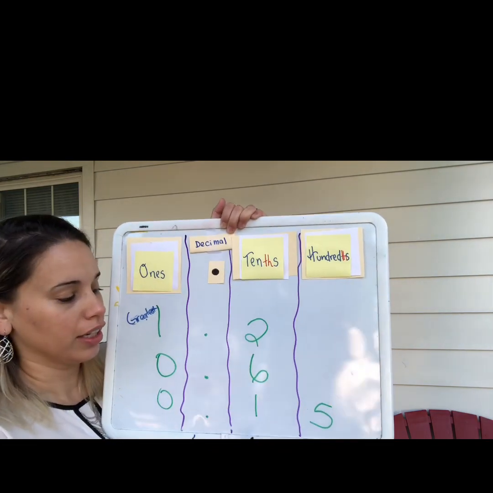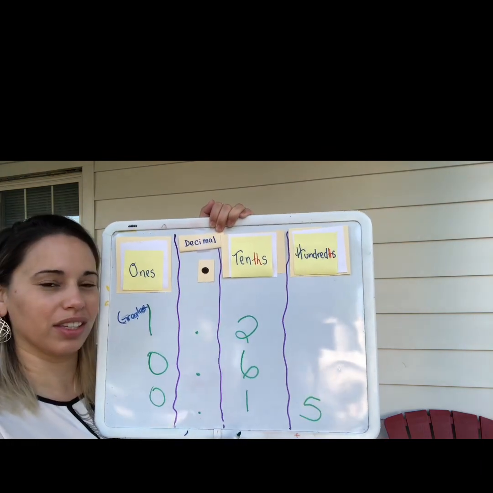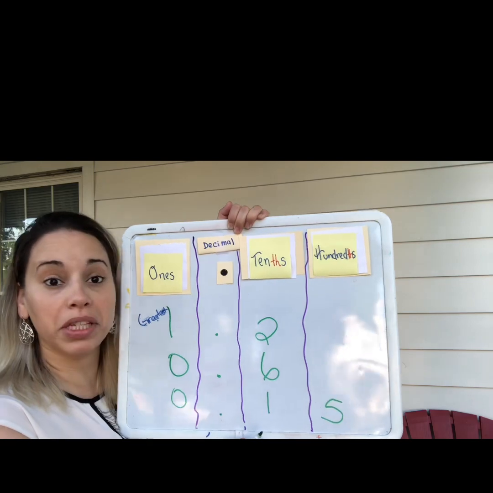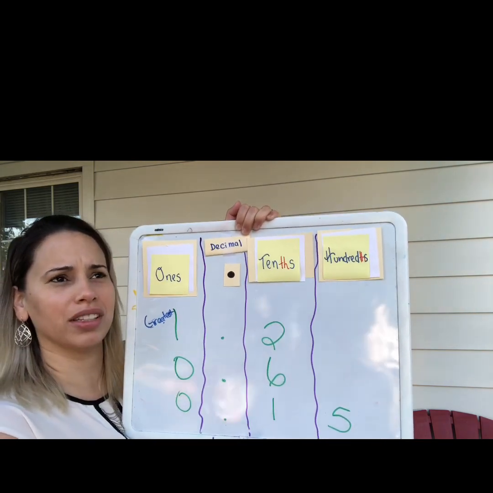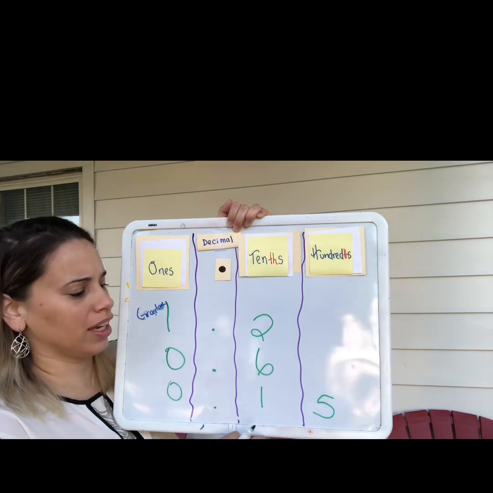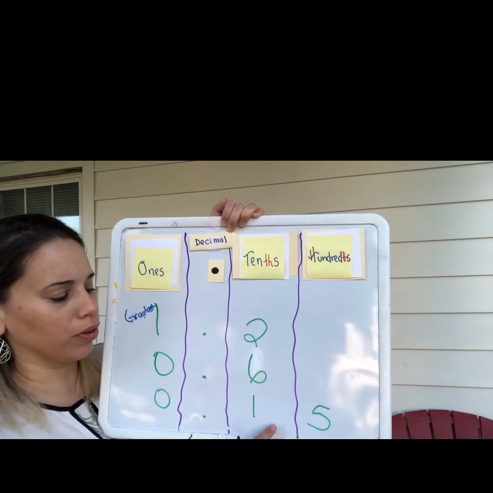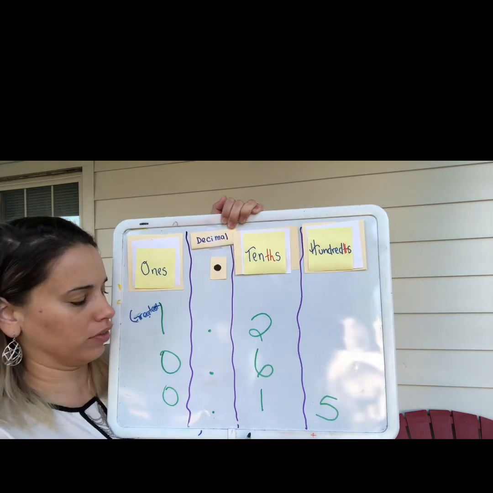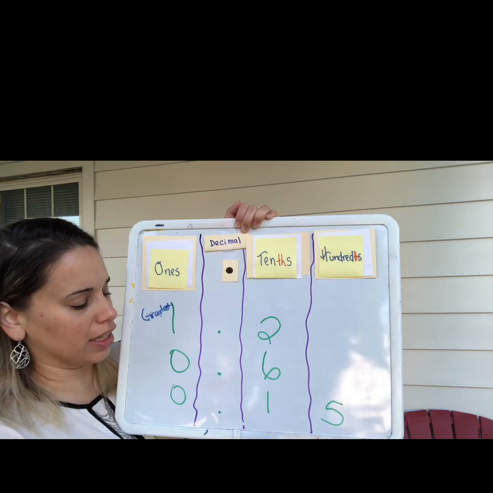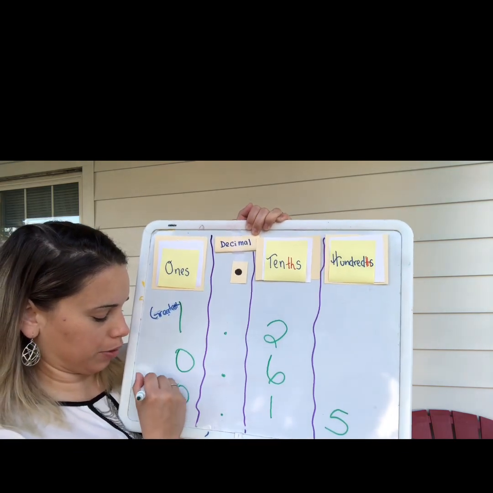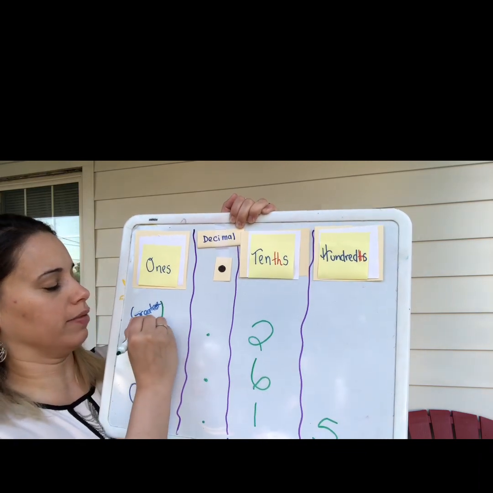However, this 6 tenths tells me that the whole was broken into 10 pieces and 6 was taken. So it's like having 6 dimes. 6 times 10 is 60. So this is worth much more than 15 hundredths. So now I know that this is my least number. I'm going to put a 1 here, a 2 in the middle, and this is my greatest.